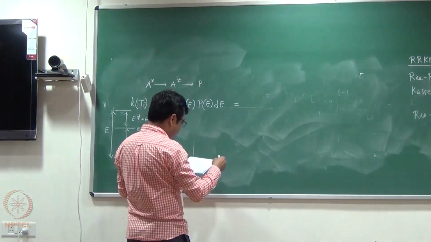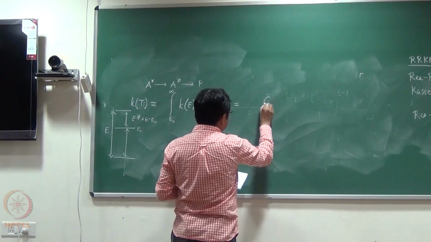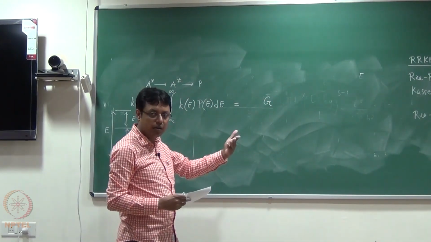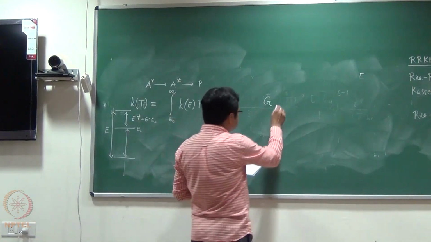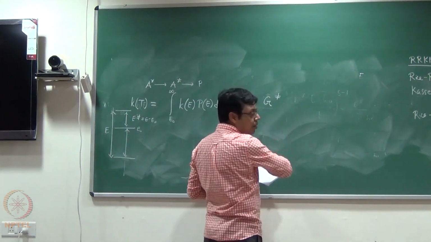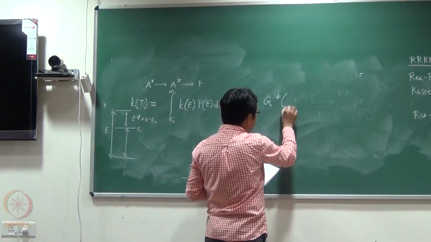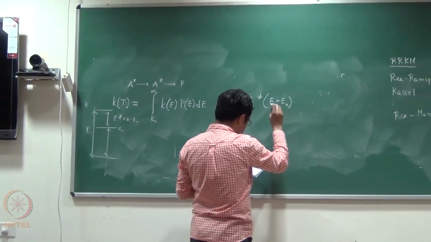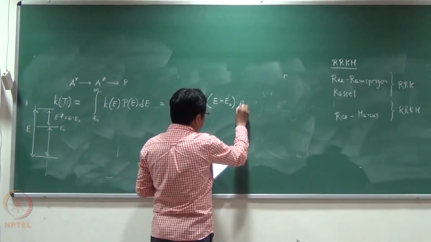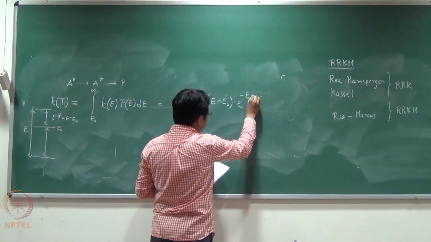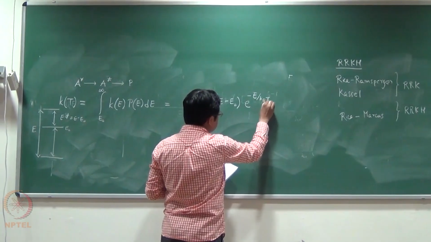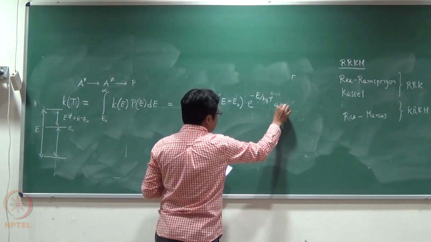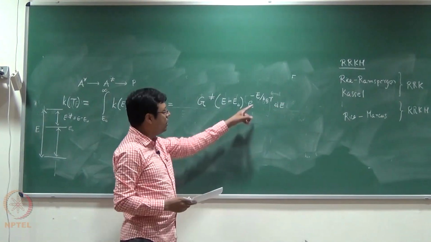Now what he said is, okay, fine. I can write it as the number of states which have energy more than E0. This is exactly your transition state kind of expression, if you remember that we wrote it.